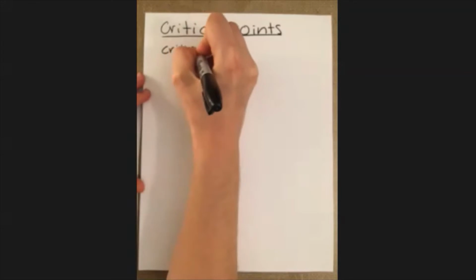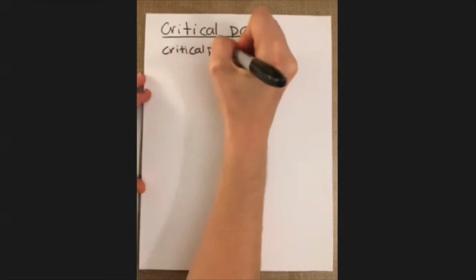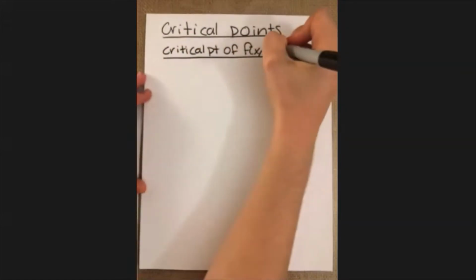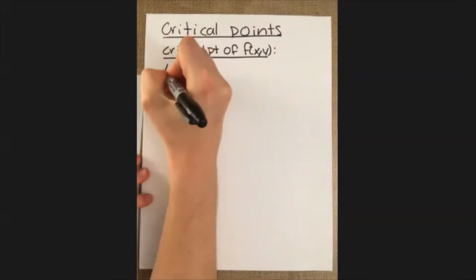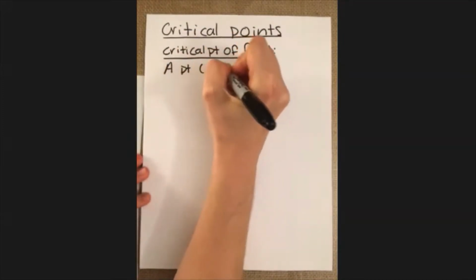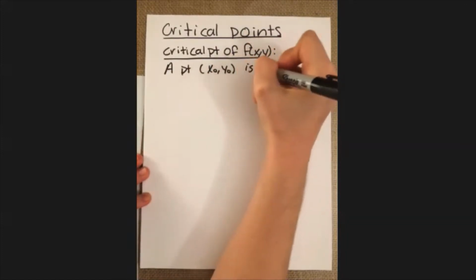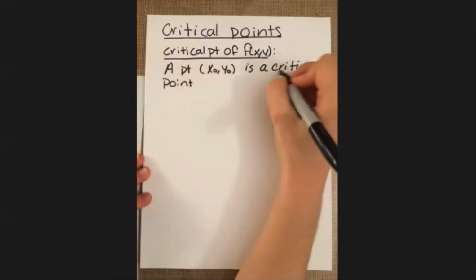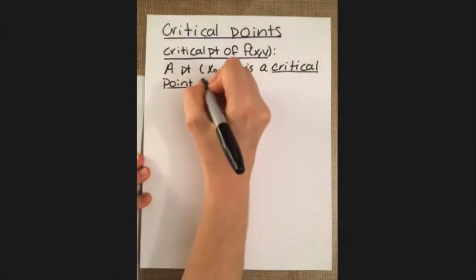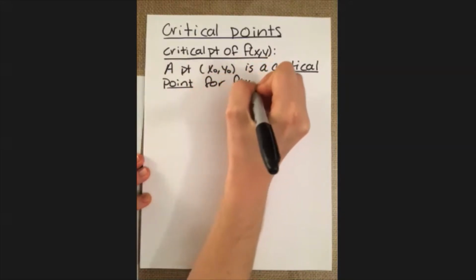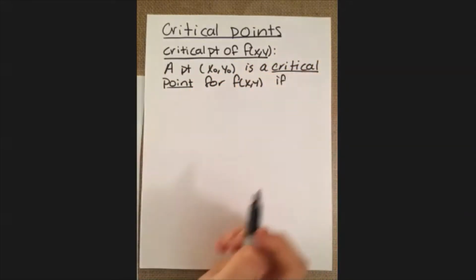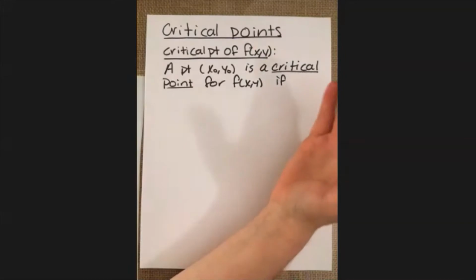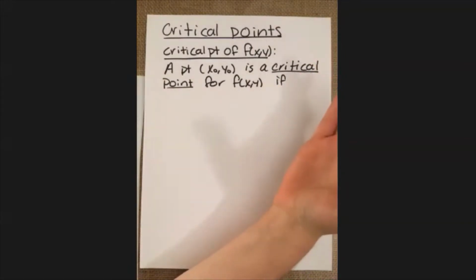If we want to find a critical point of a function f of x, y, so we're really just any function that has multiple inputs, we say that a point (x naught, y naught) is a critical point for f of x, y if, and recall how in Calc 1, you probably learned that a function f of x has a critical point at x naught if its derivative is equal to 0 there.